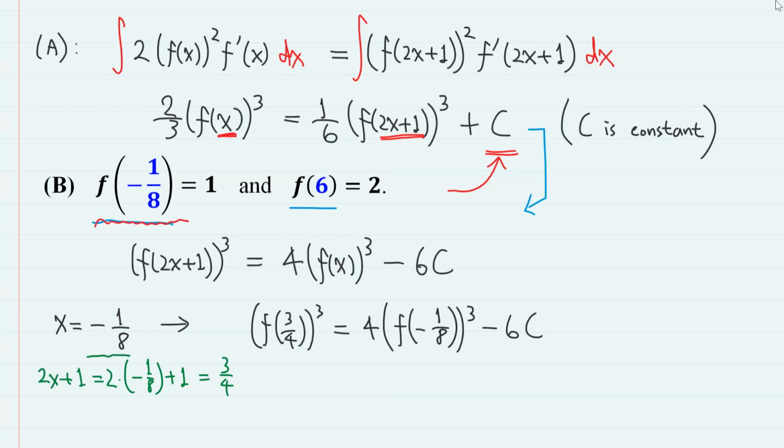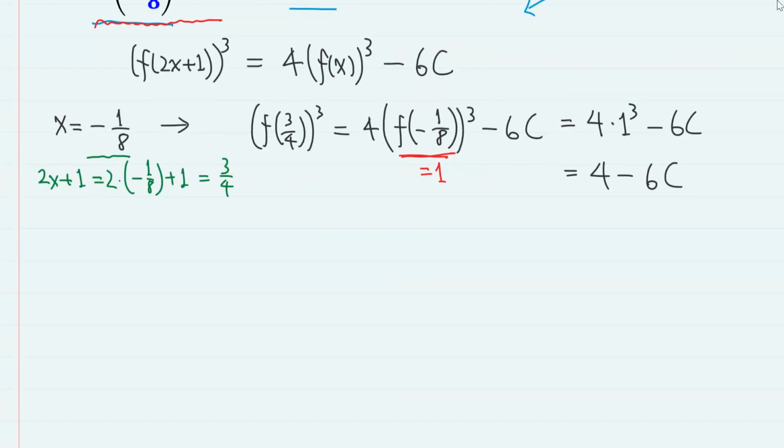And the value of f(-1/8) is given as 1. So we have 4 times 1 cubed minus 6c, so 4 minus 6c. So we have obtained the value of f(3/4) cubed, but this value doesn't seem quite useful either. Well, let's keep doing this anyway.